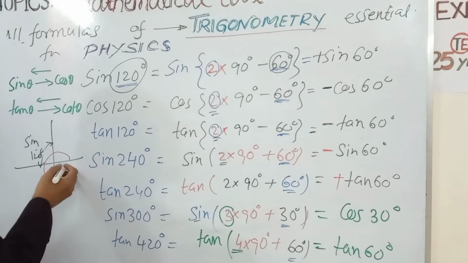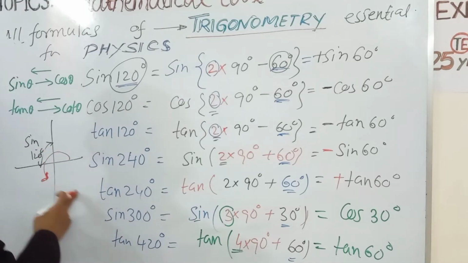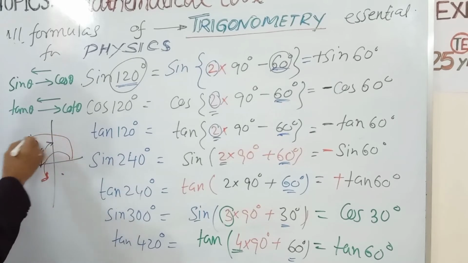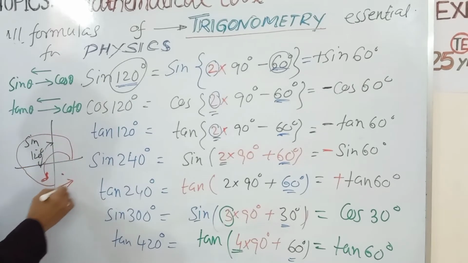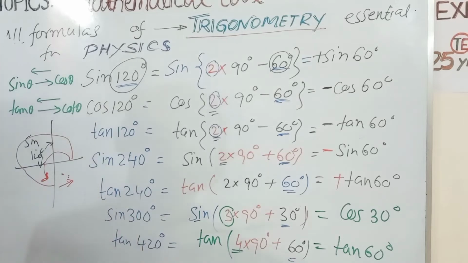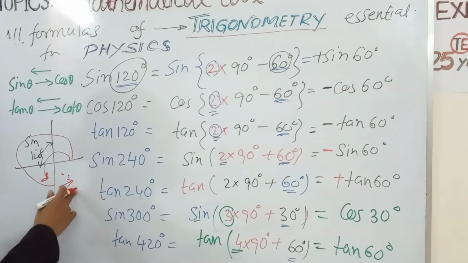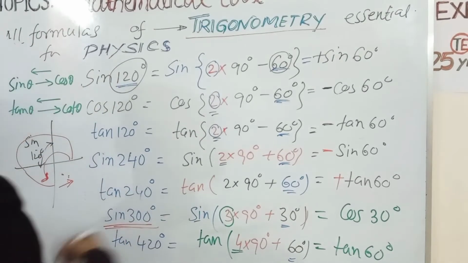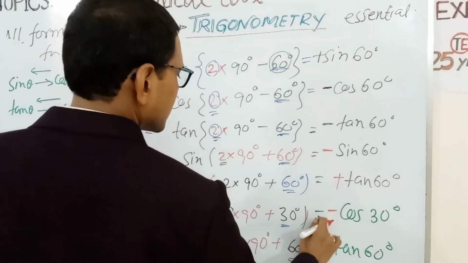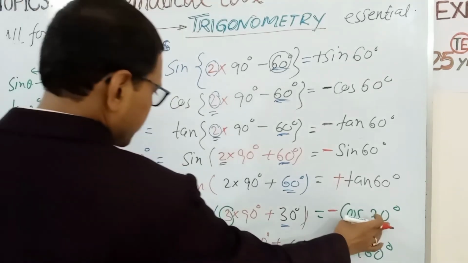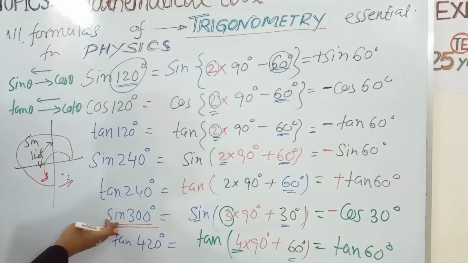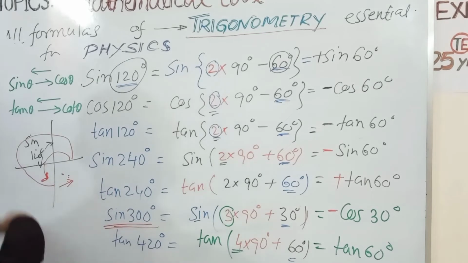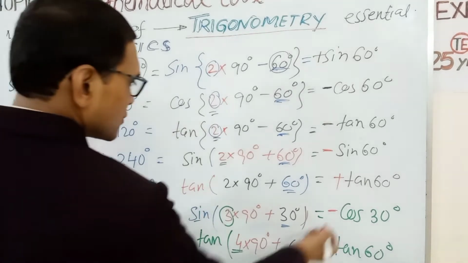Sine 300, 300 means 3 into 90 plus 30, 300 lies here, where cos is positive, sine becomes negative. You have to think of the first value, sine 300, 300 is in the fourth quadrant, so sine of this angle will be negative, so this is negative.